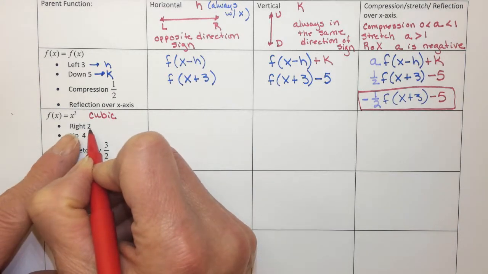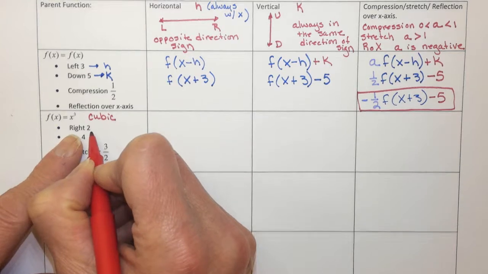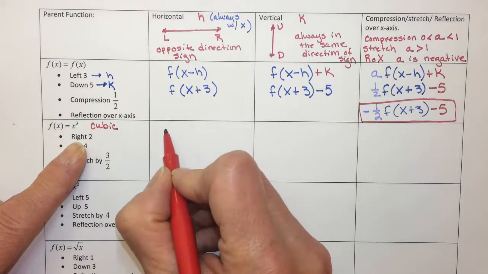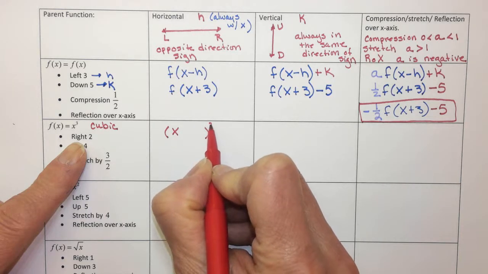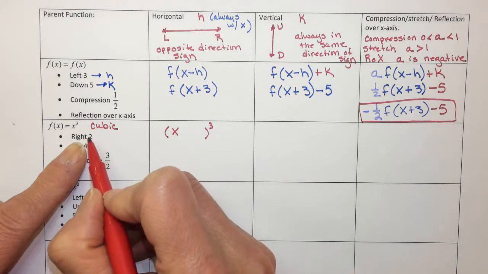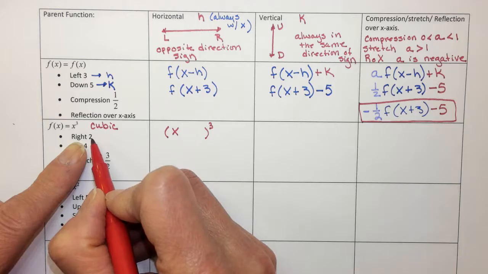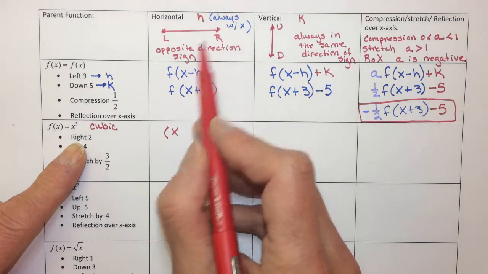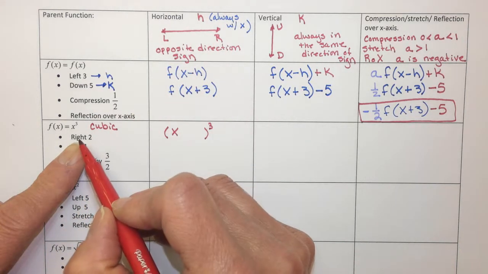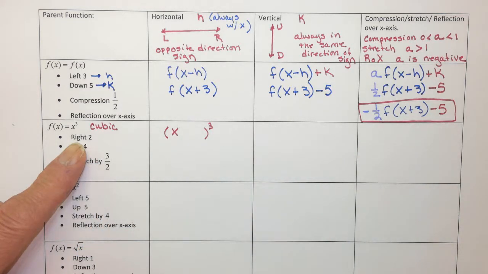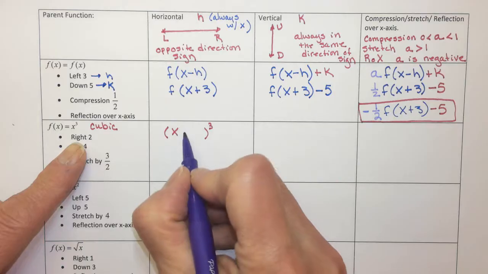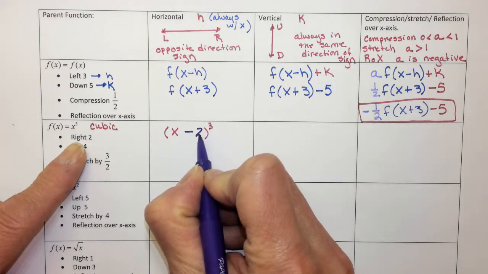So let's do our horizontal first. So my horizontal, I'm going to take my cubic, which is x cubed. And what am I going to do? I'm going to go right 2. So I'm going to take the opposite sign. So instead of a +2, this is going to be a -2, because that moves it right.